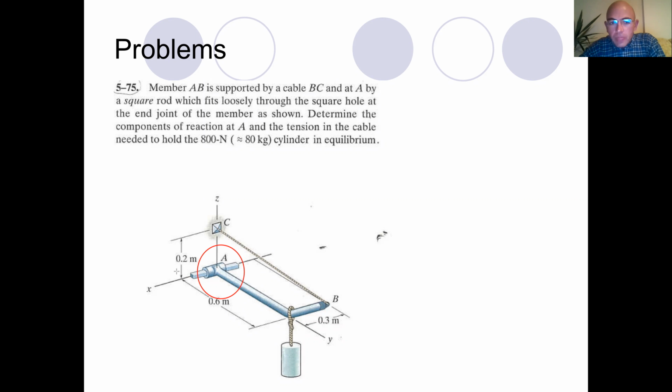No, it cannot rotate because the rod inside is square and the shape will avoid the rotation. If it is a circular rod at the joint A, certainly it can easily rotate around x-axis. But in this case, it's not. It basically means that there is a moment which restricts the rotation. Okay, so we have a moment component, reaction moment, in x direction. We can say that.